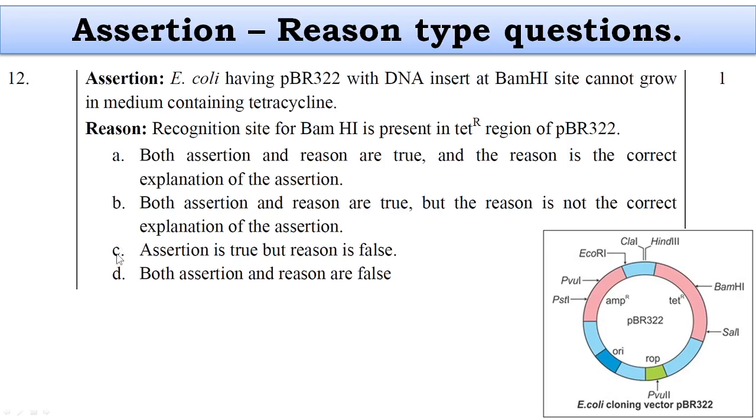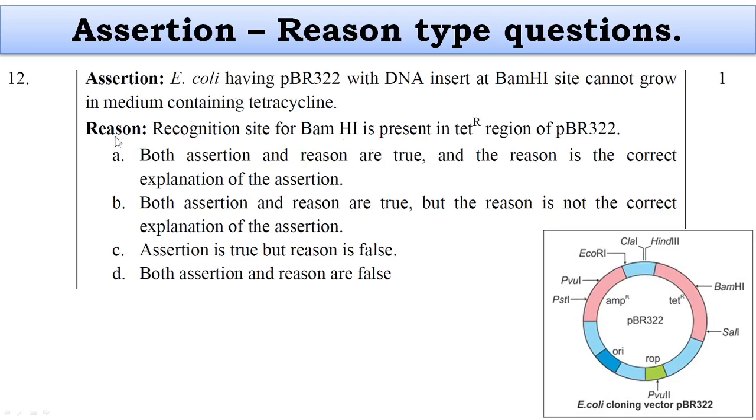In option C, the assertion is true, but the reason is false. So the assertion can be true, but the reason can be false. And option D says both assertion and reason are false. So this checks your knowledge and how you apply that knowledge. Sometimes the assertion can be true and the reason can be true, but there is no correlation between them.